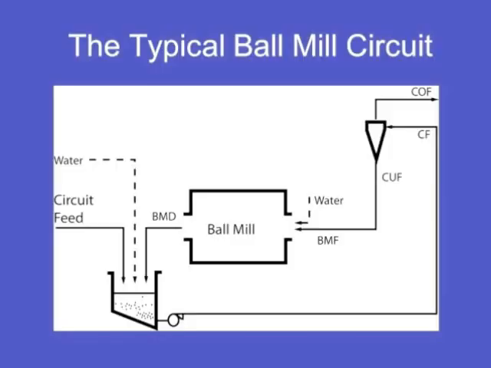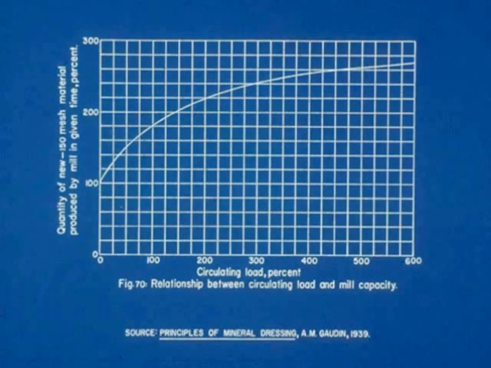One thing I always scratched my head over was this graph, which was published in the famous book by Godin in 1939, but which he refers back to work that was done by Professor Davis in 1925 at the Minnesota School of Mines Research Station, where he set up a pilot plant and manipulated the circulating load ratio in his grinding circuit from open circuit, that is no circulating load, up to a circulating load of 400, 500, 600%.